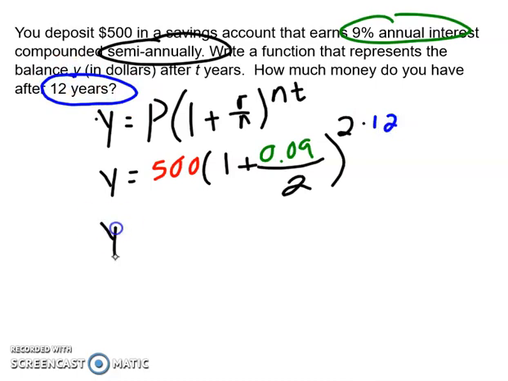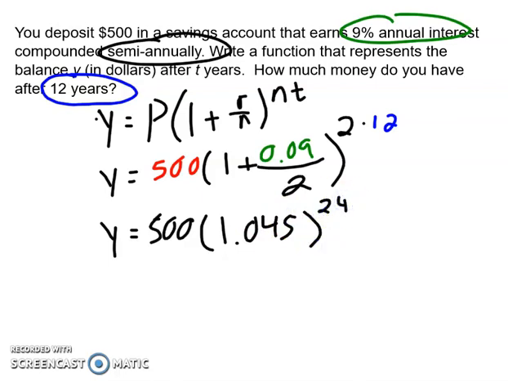Let's simplify down. Y is equal to 500 times 1 plus 0.09 divided by 2, which is 1.045, raised to the 24.